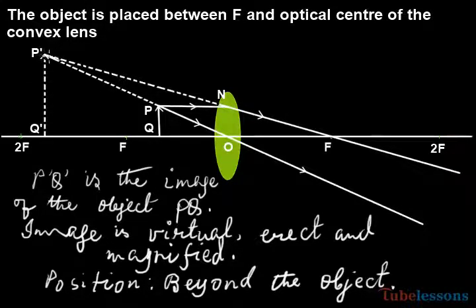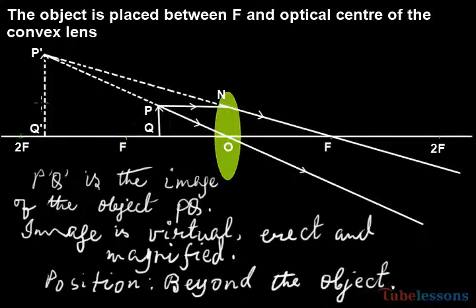So P dash is the virtual image of the point P, and similarly Q dash is the virtual image of the point Q, and in this manner a total image P dash Q dash will be formed for the object PQ. So the image P dash Q dash is a virtual image. It is virtual, and virtual means erect, and it is magnified.